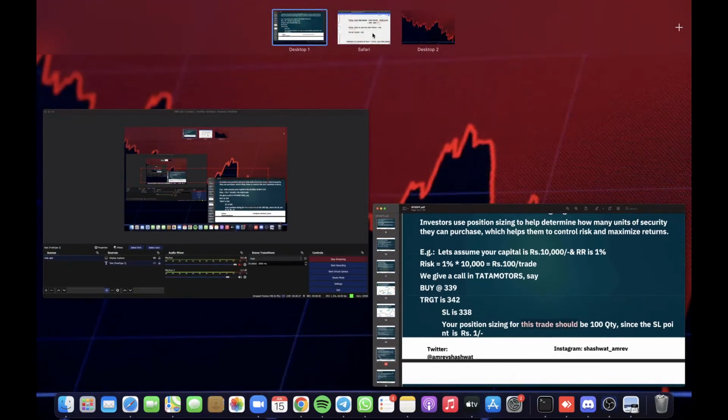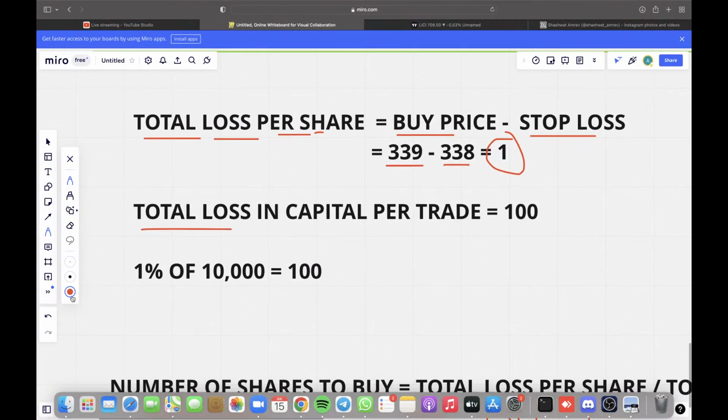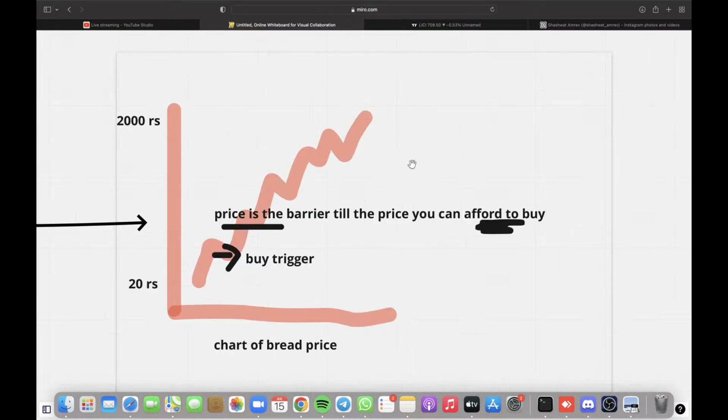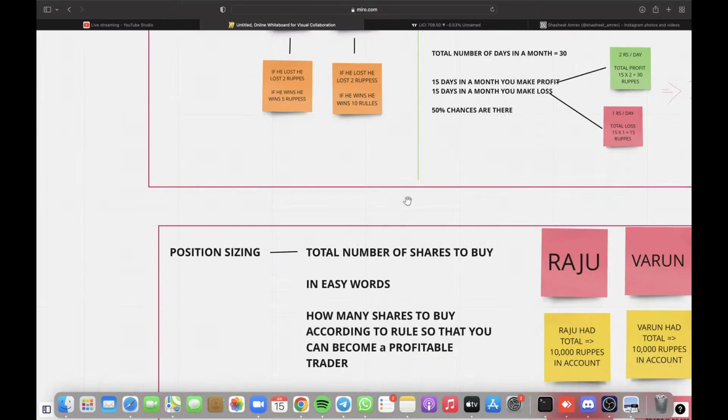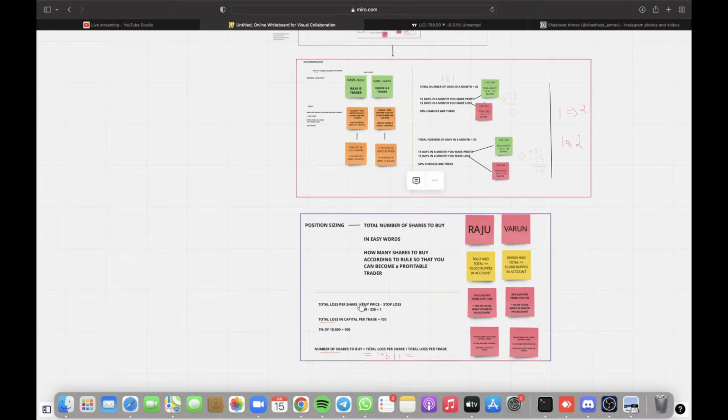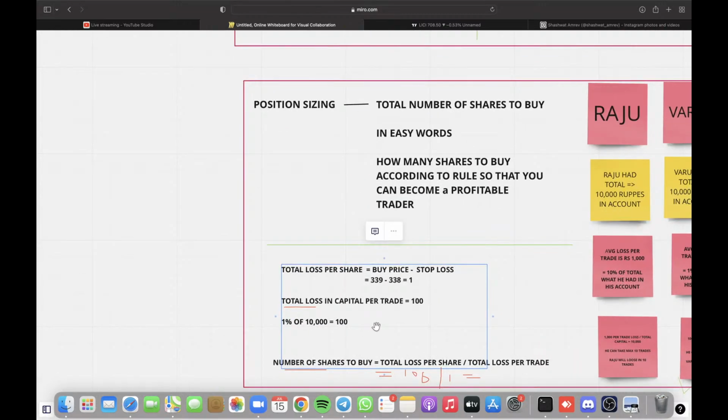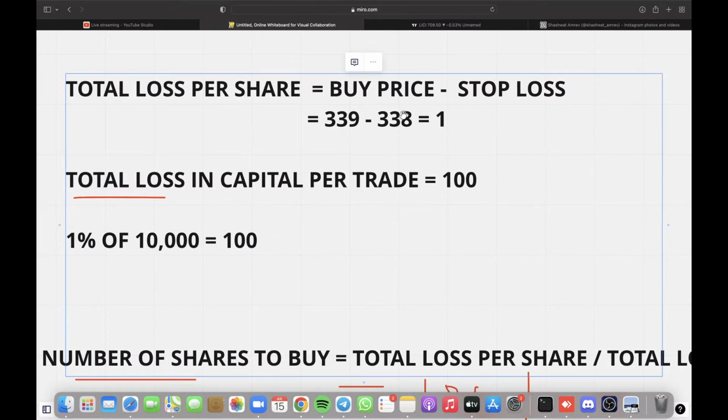How? Use this formula. What does the formula say?